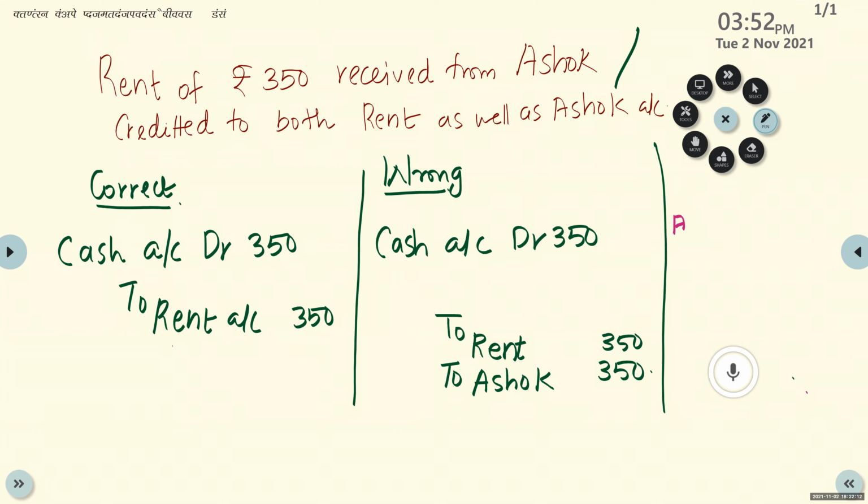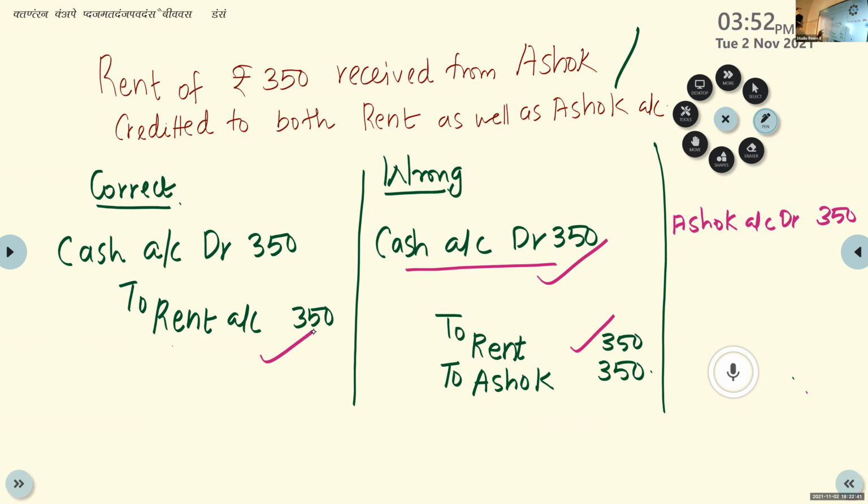Yes, Ashok account debit 350. Anything else, Krishna? No, ma'am. Ashok account debtor 350. Then no other correction. Cash account debit is correct to rent account, properly done. So that is correct, and Ashok account is cancelled.